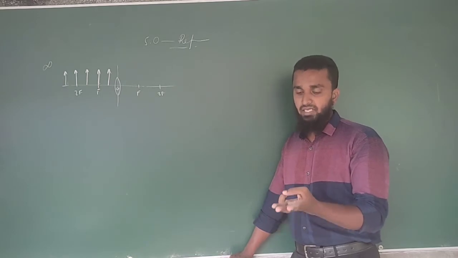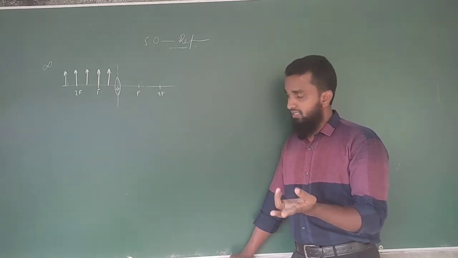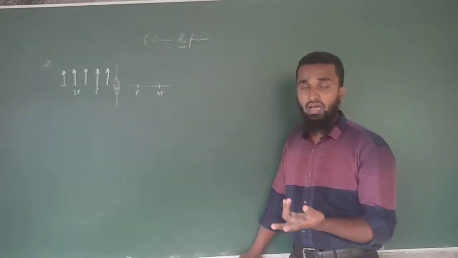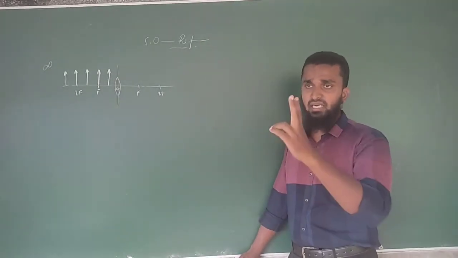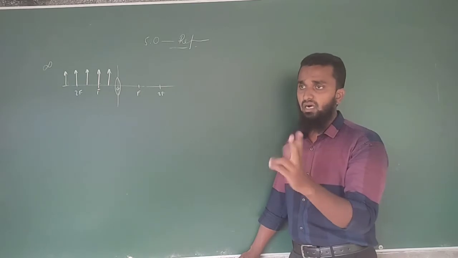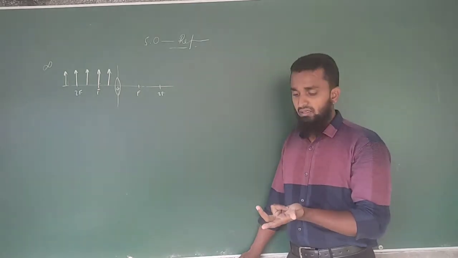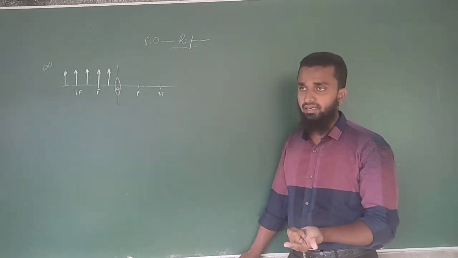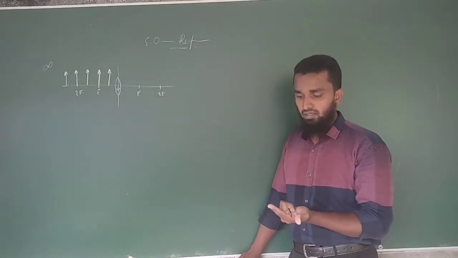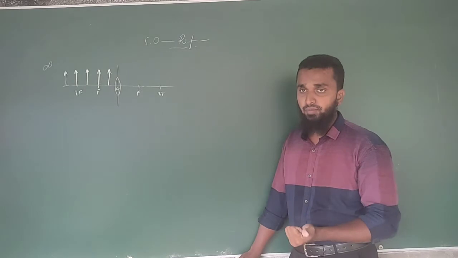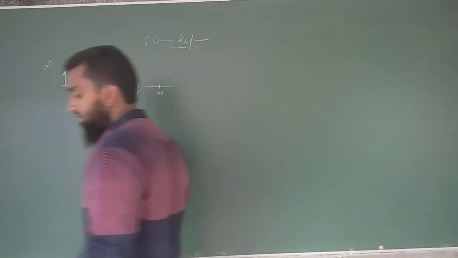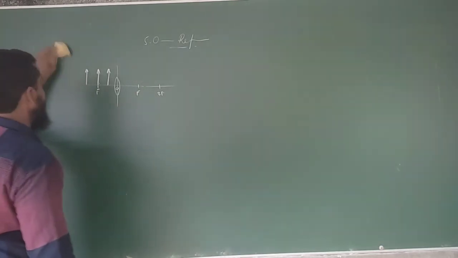The second is how it appears, vertically inverted or upright. The third is the size of the image. The fourth is the type of the image: is the image virtual or real? Okay, we'll go to the first ray diagram.